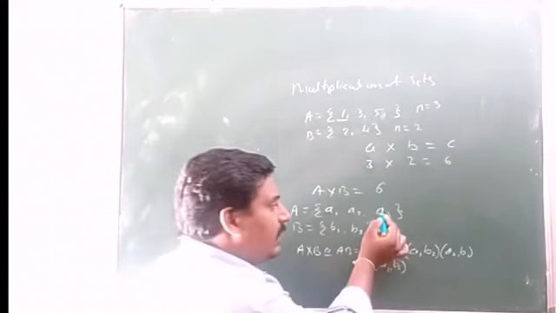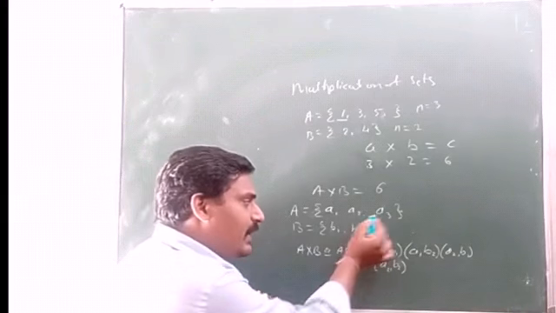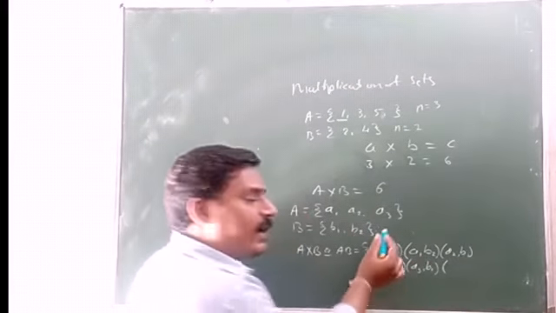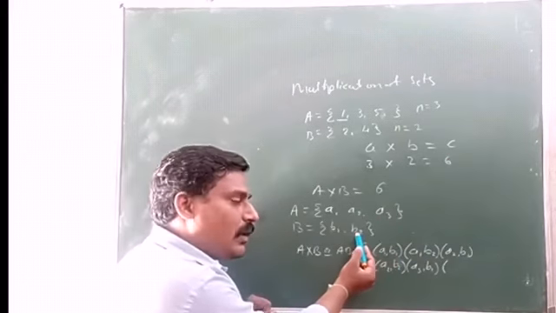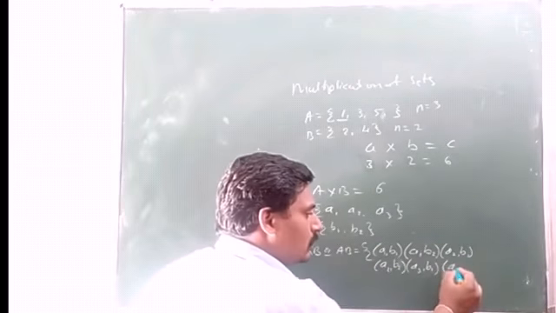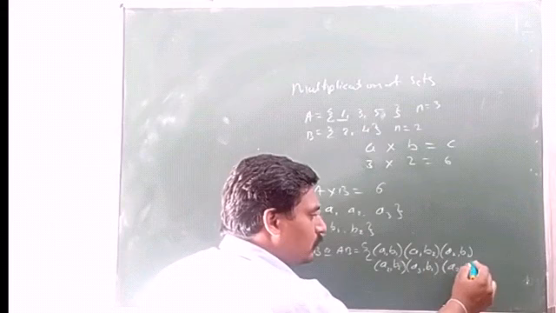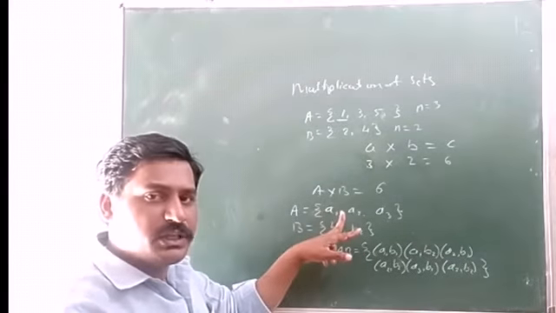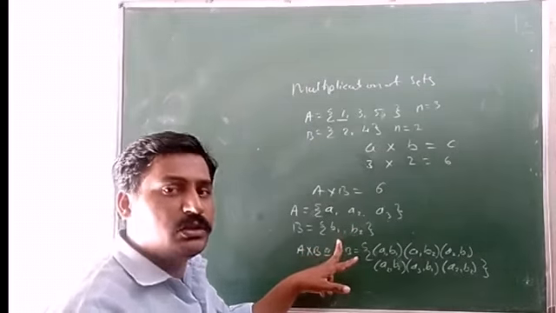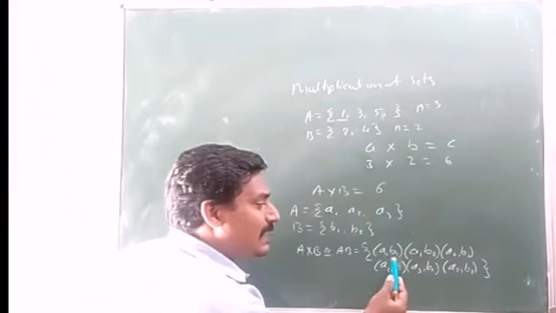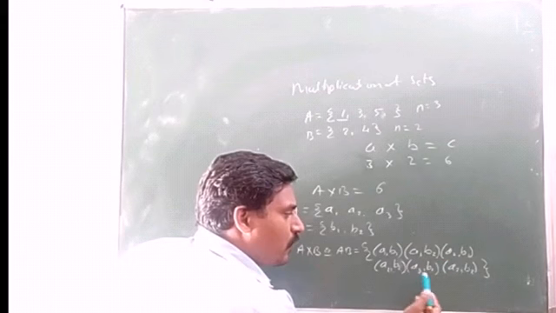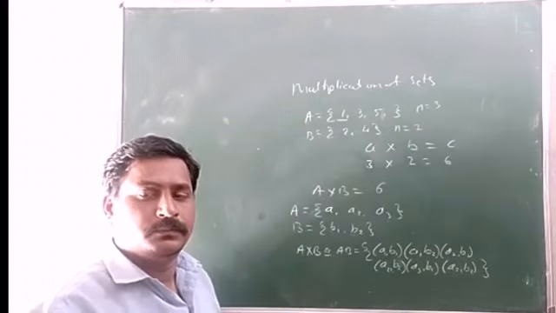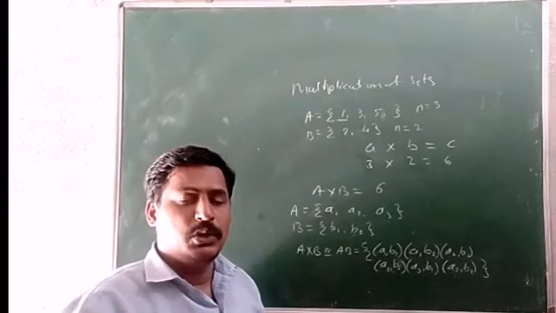Next, A3 is there in A. So A3 with B1, that is (A3, B1), and finally (A3, B2). So 3 objects in A, 2 objects in B, so 3 into 2 is 6. So in total, 1, 2, 3, 4, 5, 6 objects we got in A into B. This is how we multiply two sets.